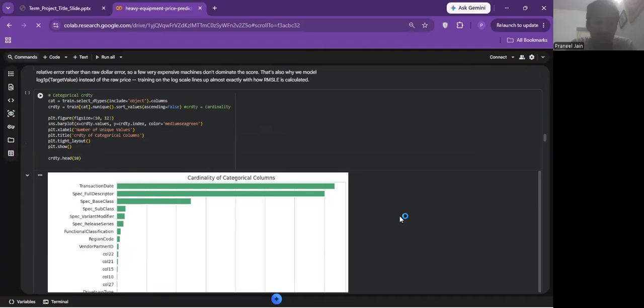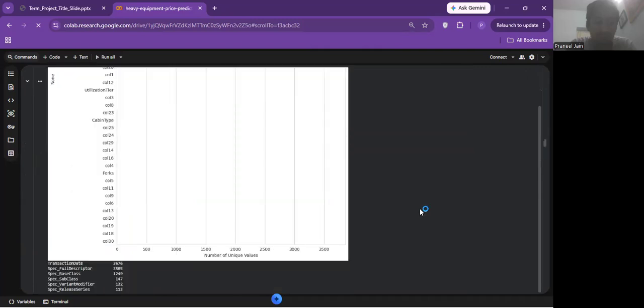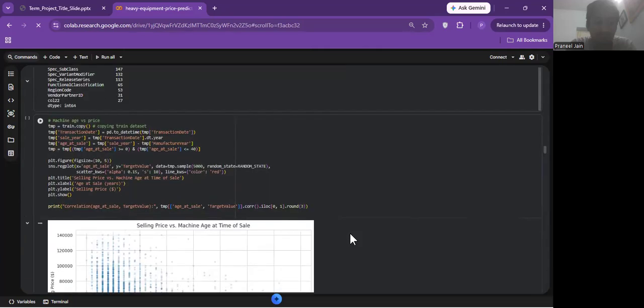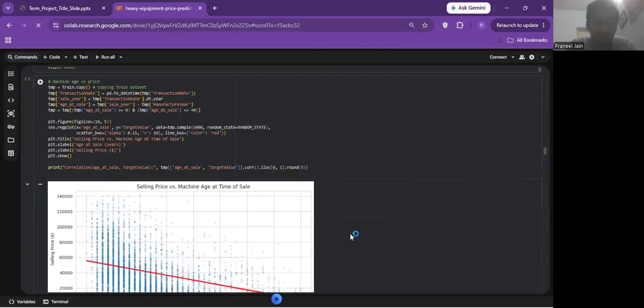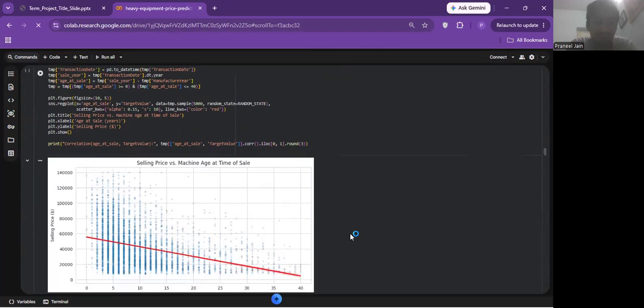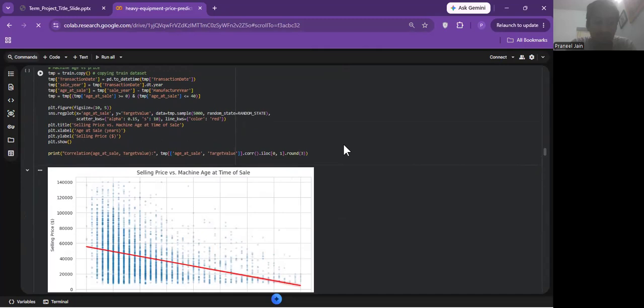The next thing I'm going to talk about is age versus price. As we can see, there is a negative correlation between them. I derived the age feature, dropped impossible values such as negative or very old values, and found a clear negative correlation between the machine age and the selling price.